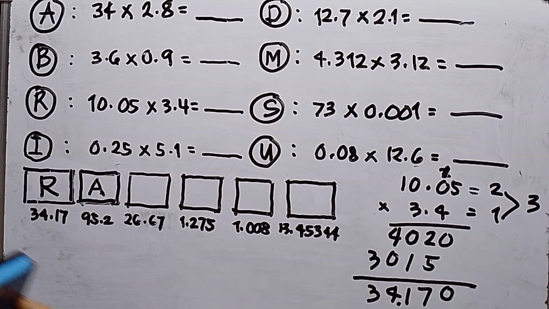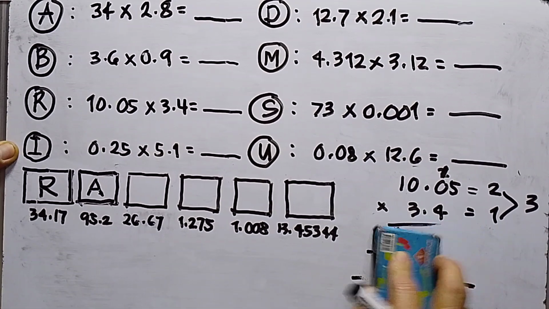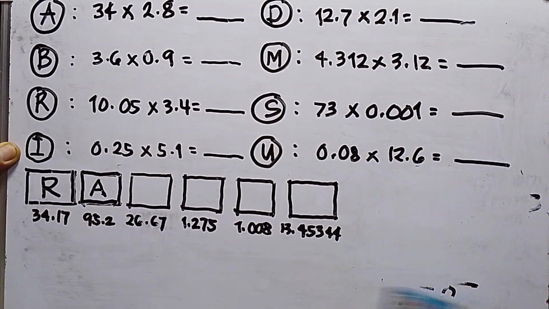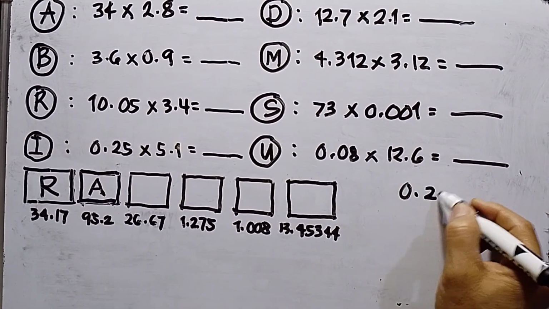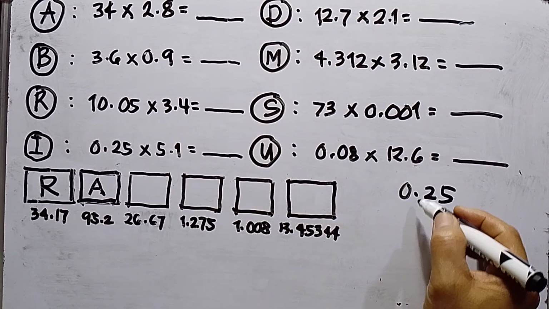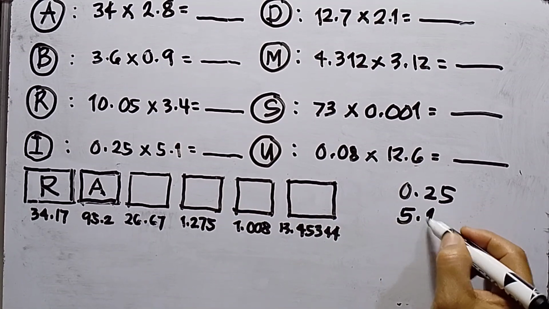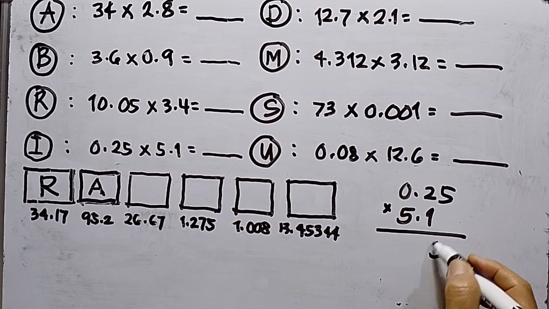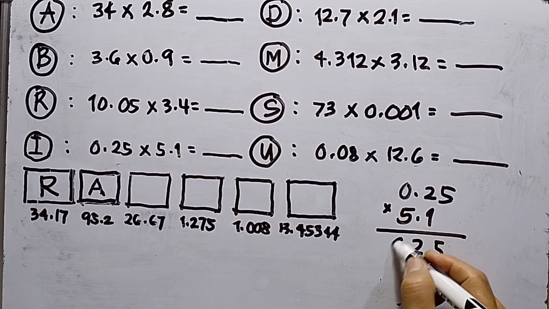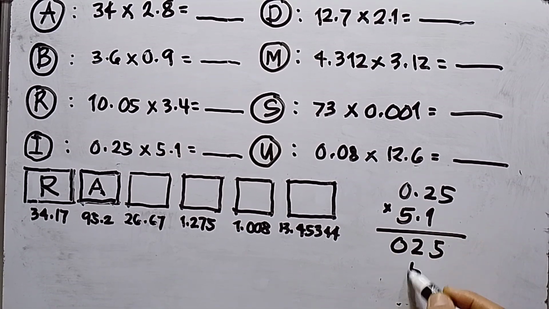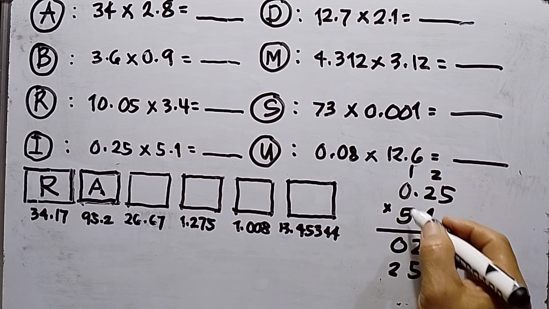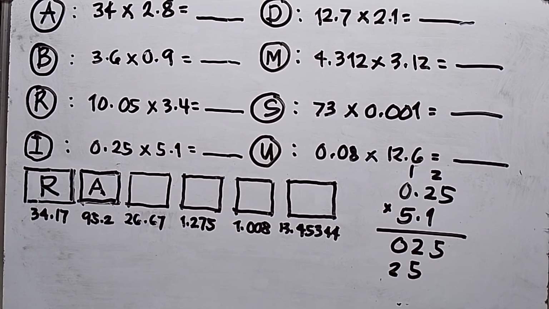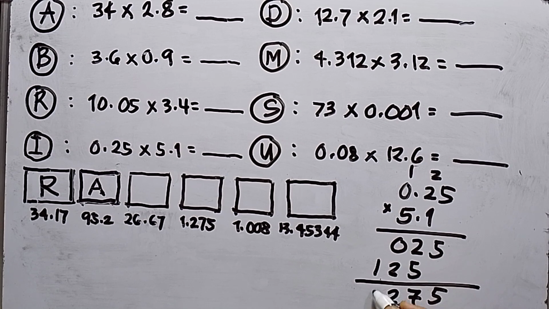Then what's next? Let's try letter I. The factors are 0.25 and 5.1. So this will be 5.1. So this is 5, this is 2, 0. And then this is 25, carry 2, 10, 12, carry 1. 0 times 5 is 0, bring down 1. So this is 5, 7, 2, and then 1.